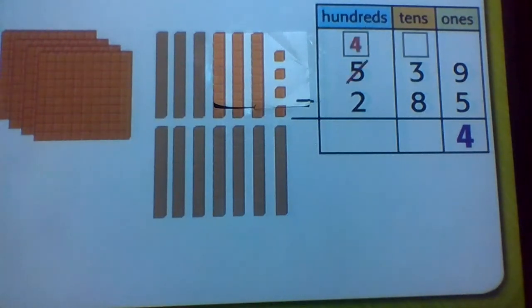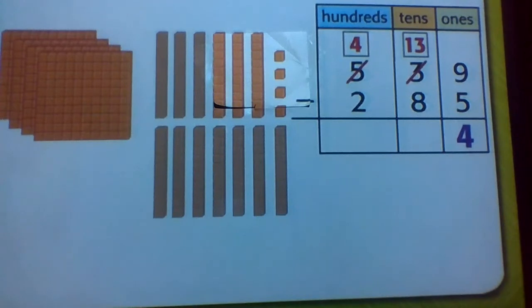We now have 4 hundreds. Now how many tens do we have? 1, 2, 3, 4, 5, 6, 7, 8, 9, 10, 11, 12, 13.